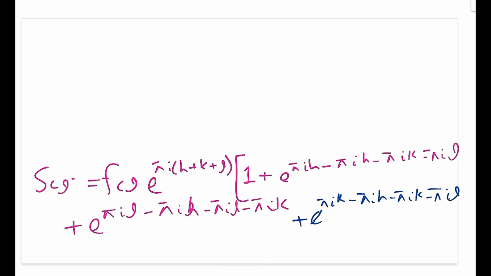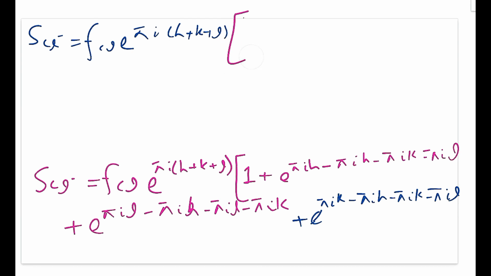Okay, so we can write S Cl equals f Cl, and e to the power pi iota (h plus k plus l). Alright, and this bigger bracket starts, and let's write down these terms.